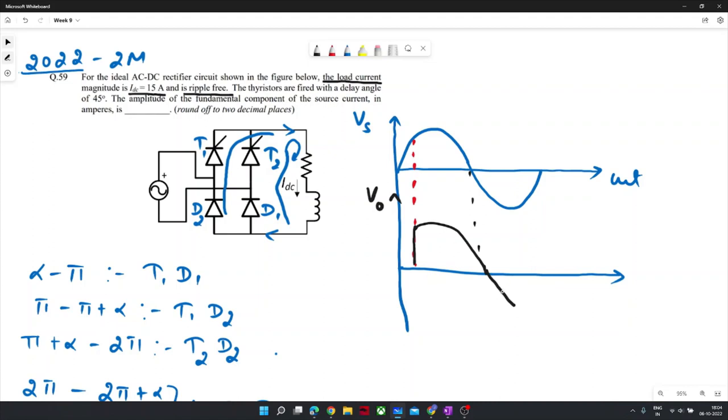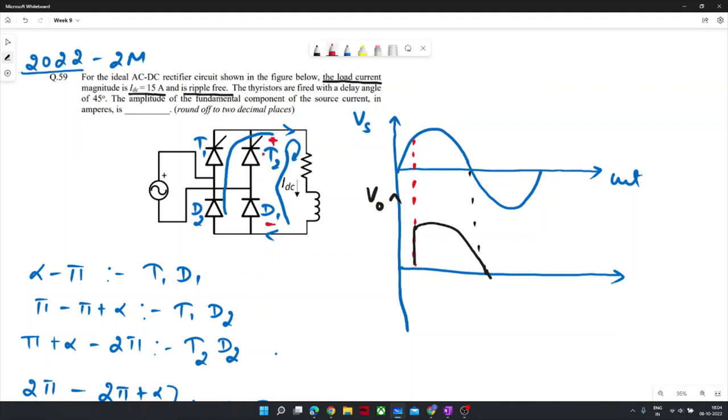But since diodes are given here, current will conduct through the load side, but it will not be continuous on the source side. When a diode conducts, the voltage across the load is zero, since a short circuit is happening here.